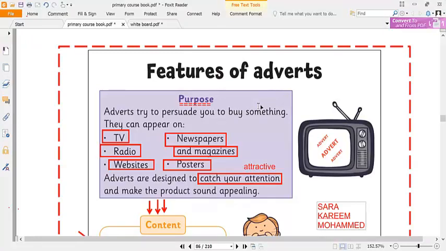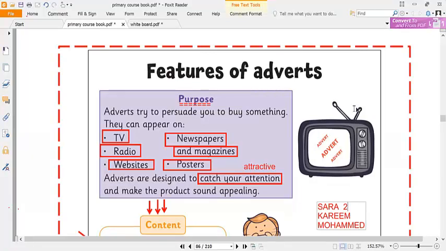Picture of the product and facts about the product, how to buy, customer review, and special offer. You know what customer reviews is, Sarah? When, like, what I want to say, if it's good or bad. Yes, exactly. Thank you.